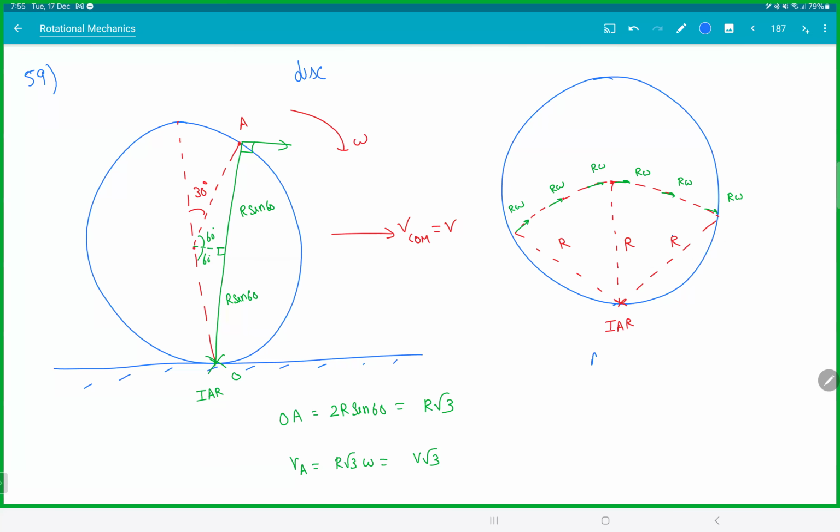There are infinite points. All points on the disk.